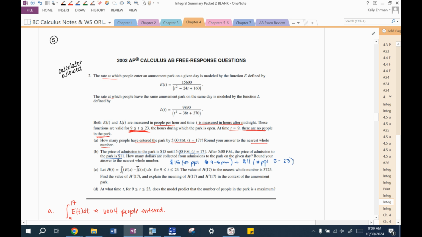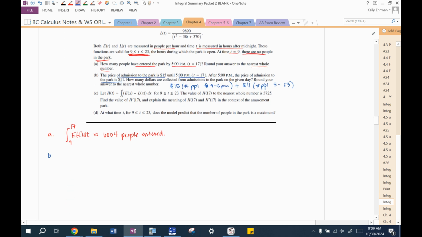For part B, we have a cost of $15, and that's multiplied by the total number of people who enter the park from 9 to 17. And we're going to add to that $11 times, sorry, it was 9 to 17. And then from 17 until the park closes, which is 23, we're going to multiply that by $11. Cost gets cheaper.